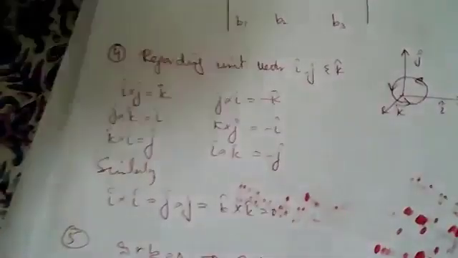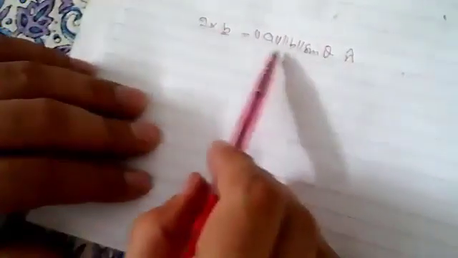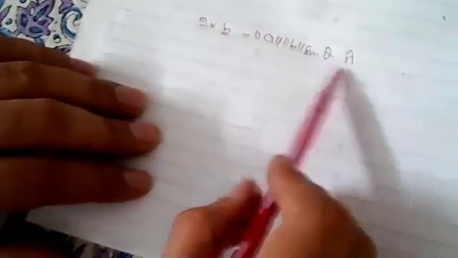Property number 5. If A and B are two different vectors and their cross product is 0, and none of them is a null vector, then this is only possible when the angle between them is special, because of the definition. The definition of A cross B is the magnitude of A, the magnitude of B, sine of the angle between them, into n.